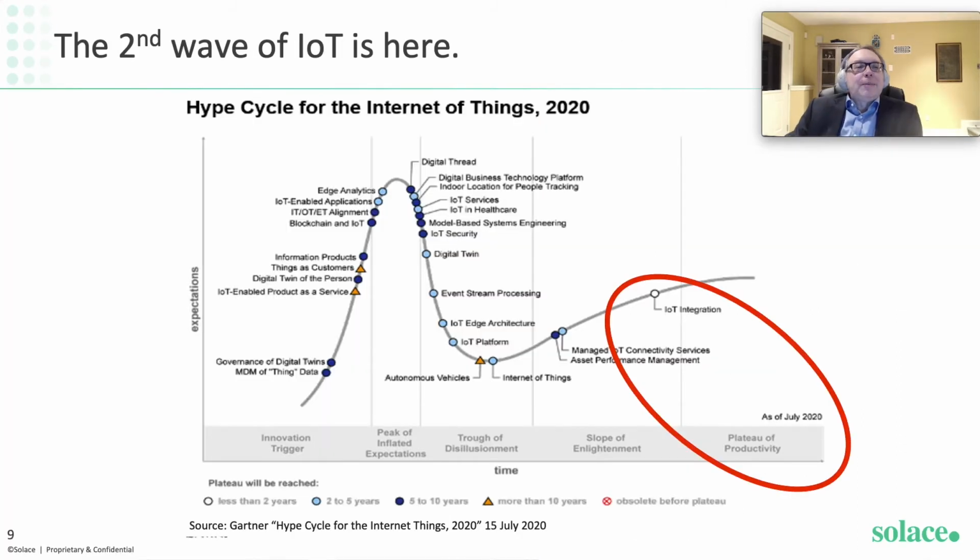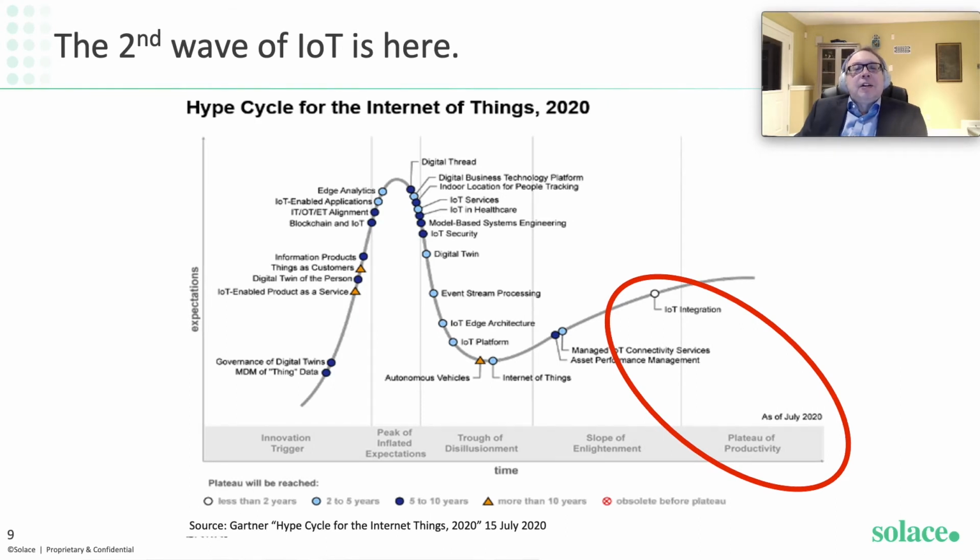A question I sometimes get asked is, how real is this IoT thing? Why should I care about MQTT 5? And the answer is, Internet of Things is very real. If you look at the standard hype cycle, we're well beyond the early adopters and the exciting new technology. Now, this is stuff that has been deployed and is in production in a large number of use cases around the world.